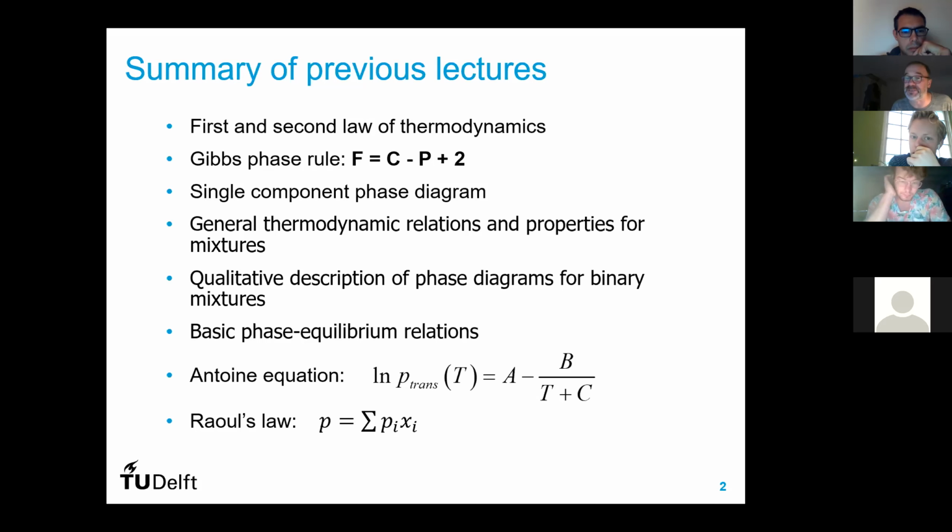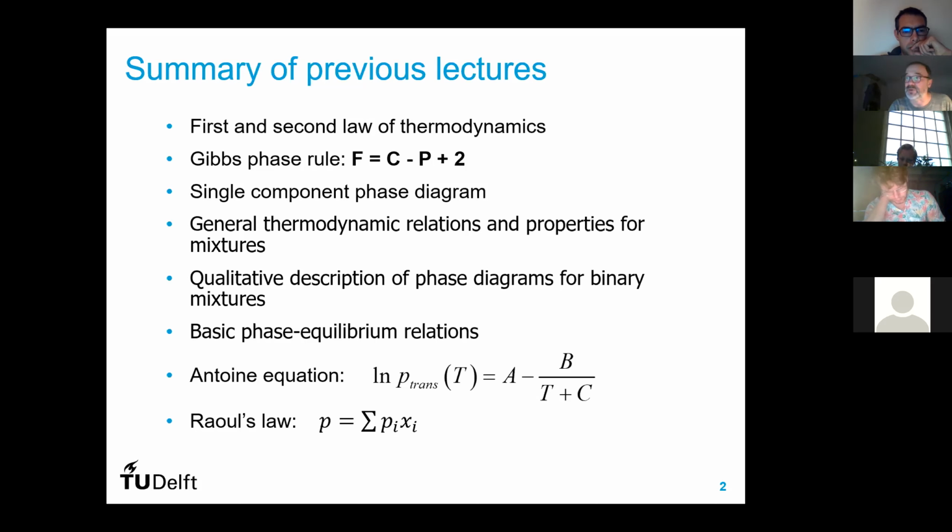One is the Antoine equation, that gives you, for a single component, the transition pressure as a function of temperature. This is a correlation, so A, B, and C here are regressed for each component individually. And then Raoult's law, which explains how to combine this pressure in case of a mixture. This is the simplest one. We will see today much more complicated relations for how to compute phase equilibrium and phase behavior in general.